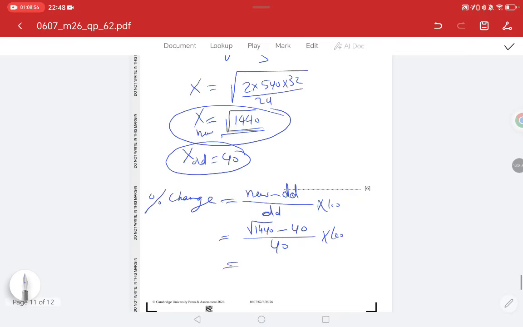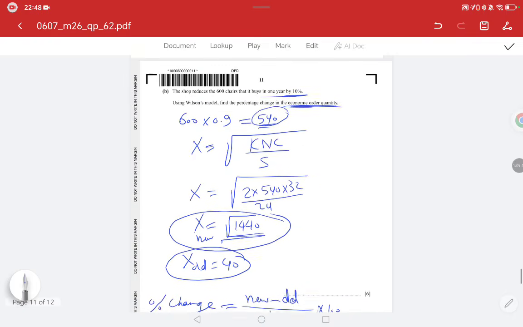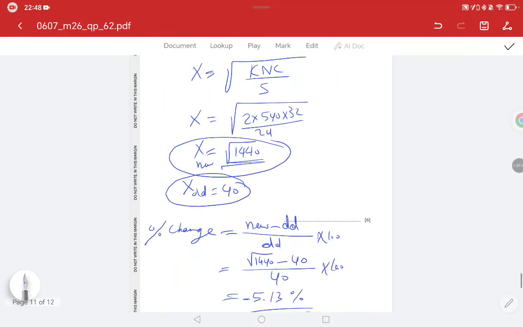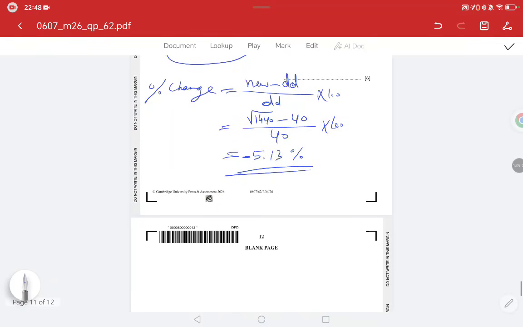So the square root of the answer minus 40, divided by 40, and then multiply by 100. The answer is negative 5.13, to 3 significant figures. So the number actually decreased. Yes, as they said, it reduces. So the percentage change will be negative.